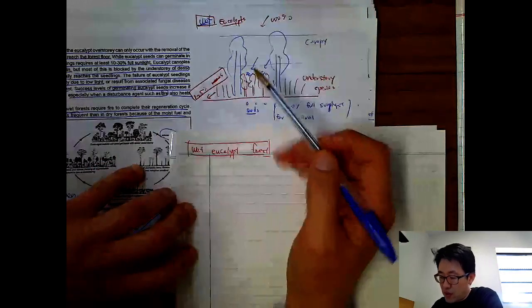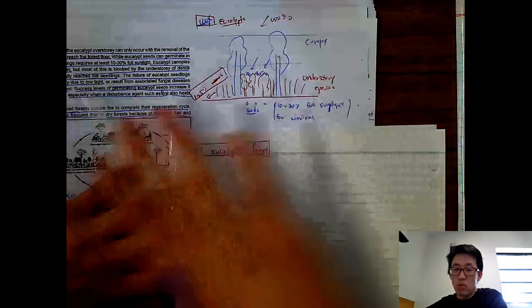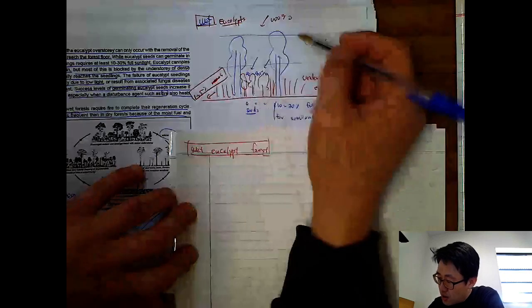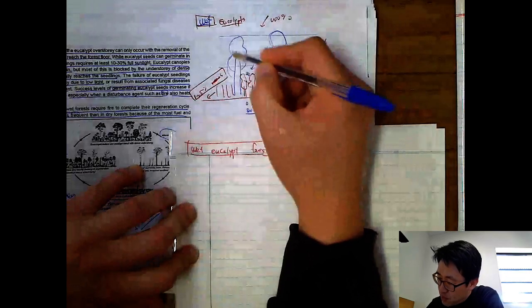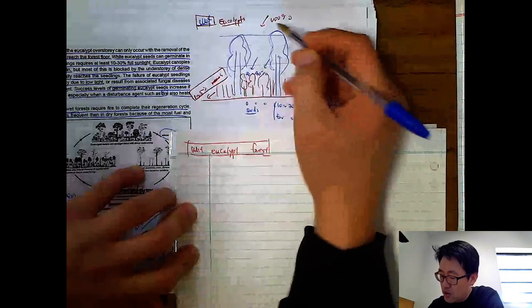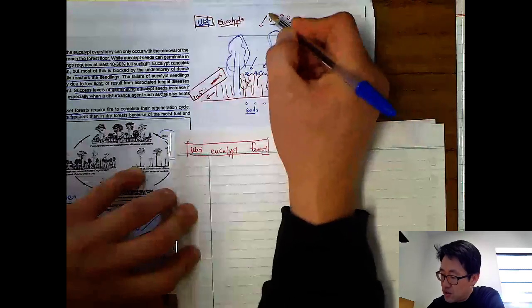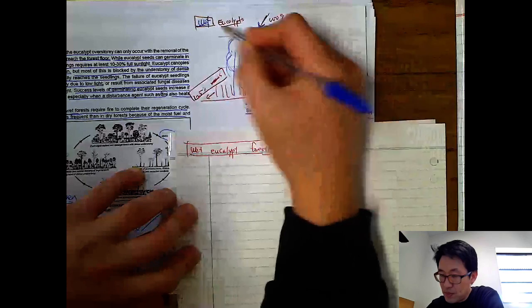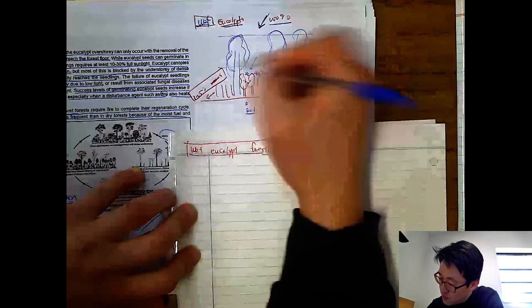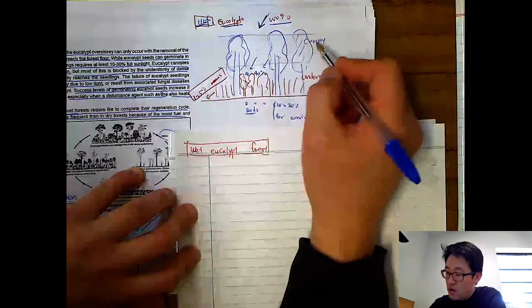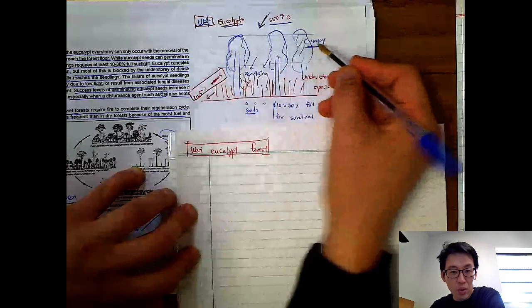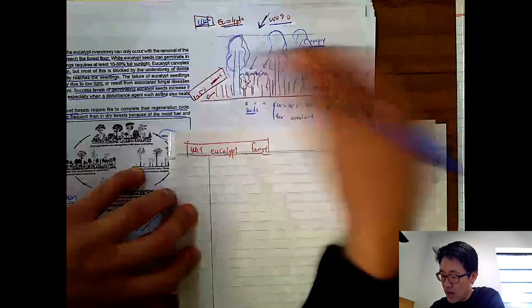Wet eucalypt forest is usually in that bit wetter area. You can find it and it still has canopy. So let's say 100% is sunlight coming in, and these trees are eucalyptus trees. The canopy is not all closed. It still has a bit of gaps there.